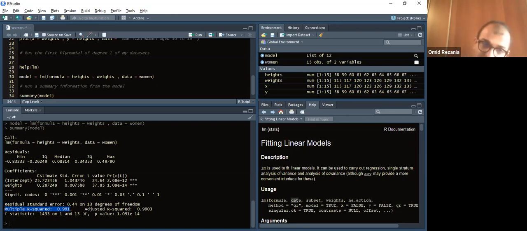Then it means that the higher the information which your model captures and encapsulates, the more efficient your model would be. For example, if you have a model A, which gives you a multiple R squared of 99%, and model B, which gives you a multiple R squared of 80%, which model is going to be the best one?